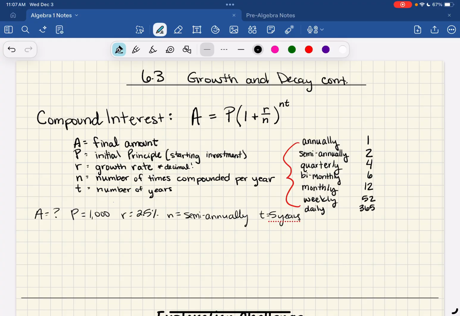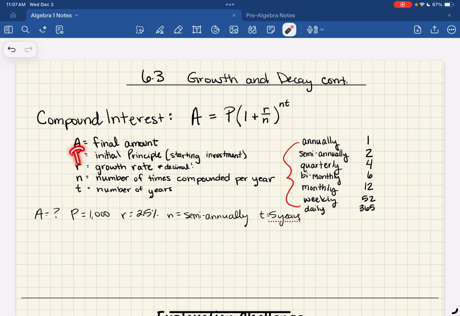All right, compound interest is this big, long, complicated equation. But guess what? It's really not all that complicated because we have values that are going to be given to you for each of our variables. We have a capital A, which is going to be our final amount.